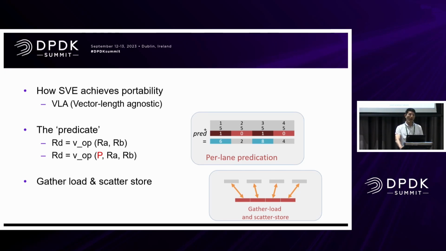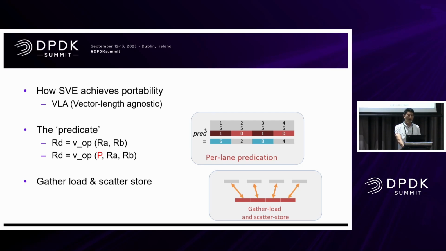From software, there's a concept called VLA, vector length agnostic programming. That means when you program for the SVE engine, you don't need to know the exact hardware vector length. So that makes life easy.